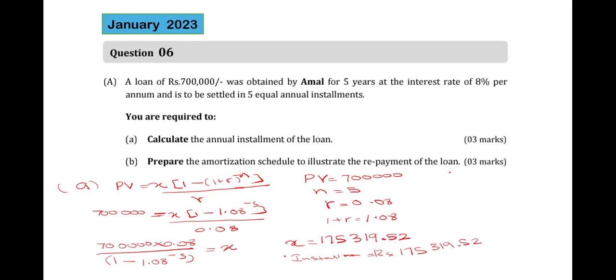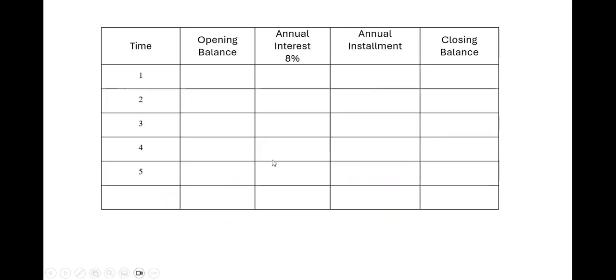It is called a loan amortization schedule. So, a table like this. Time. Time means we pay only 5 annual installments.